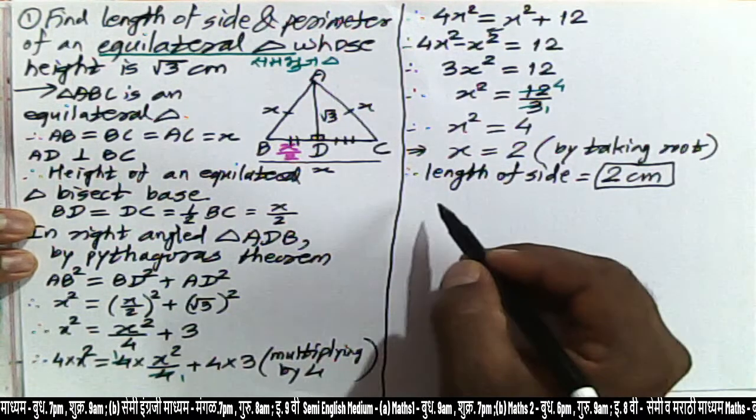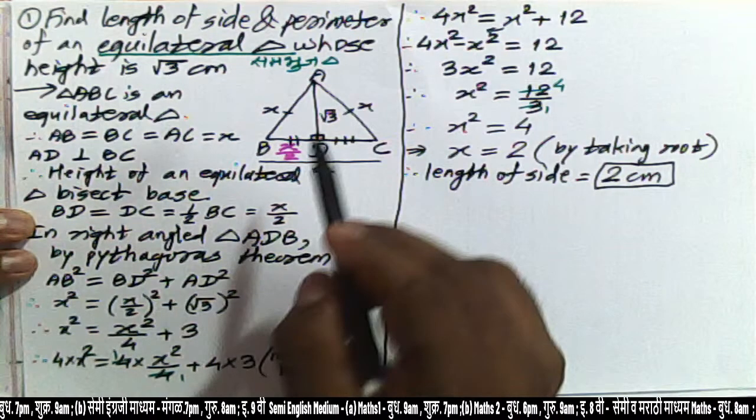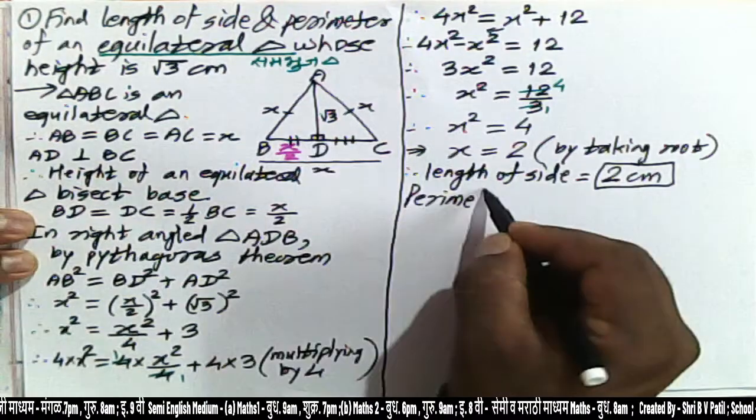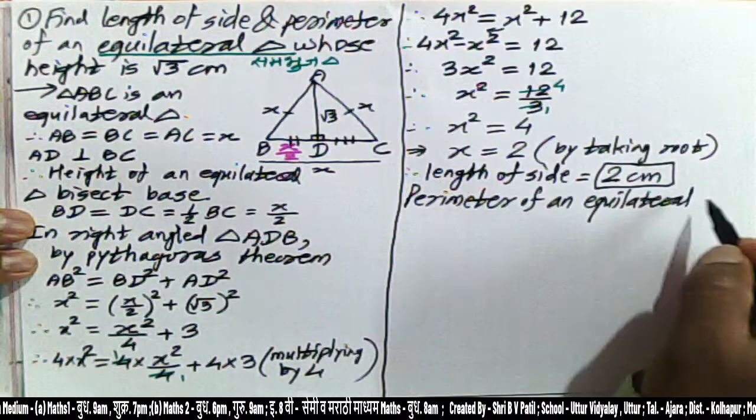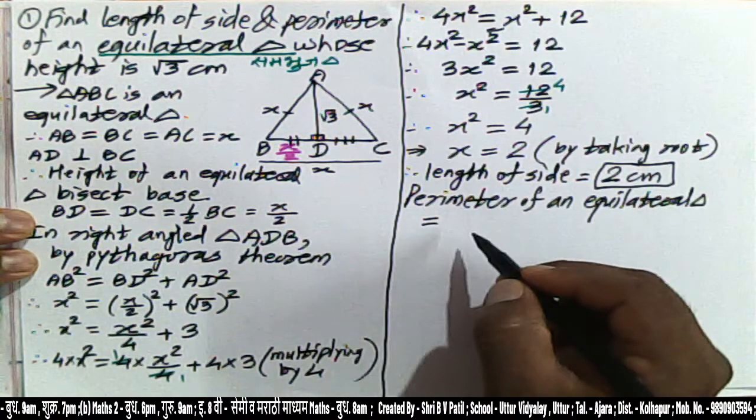Then the second question is perimeter. Perimeter of an equilateral triangle is equal to, what is the formula?